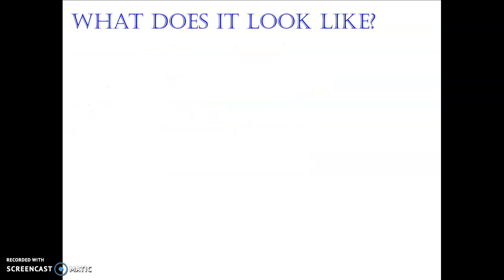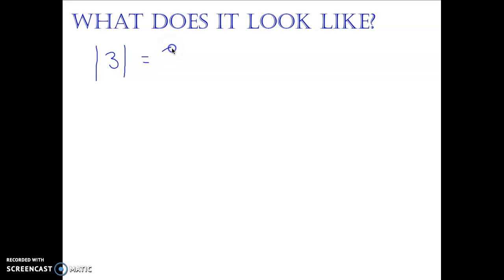So what does absolute value look like? Well, there's a couple of different ways that you might see this on your computer, on your calculator, in a test, on a test book, on anything you might see for this class. So you could see it like this with those two bars. Those straight bars imply absolute value.